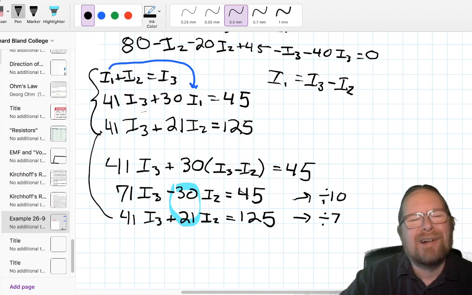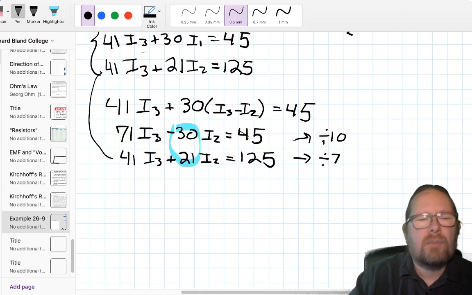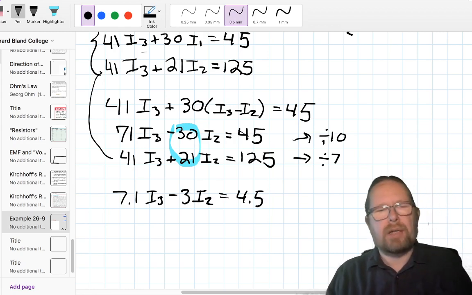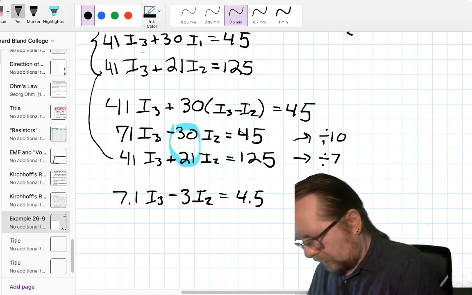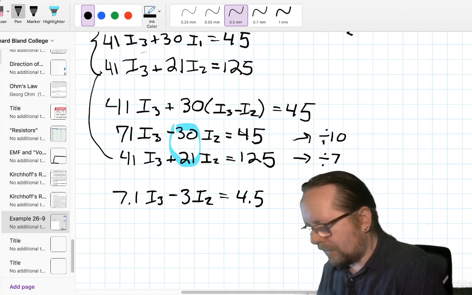Okay? And what does that give me? That gives me 7.1 I3 minus 3 I2 equals 4.5. Dividing the bottom equation by 7, I'm going to need a calculator for that. 41 divided by 7 is 5.857.